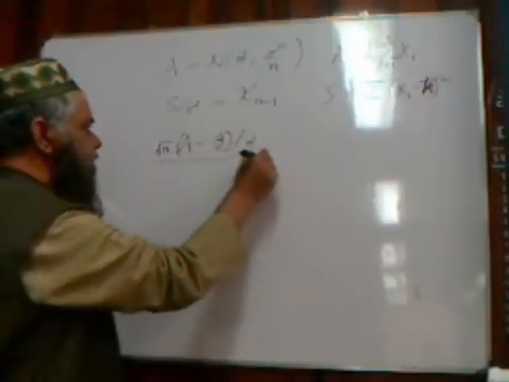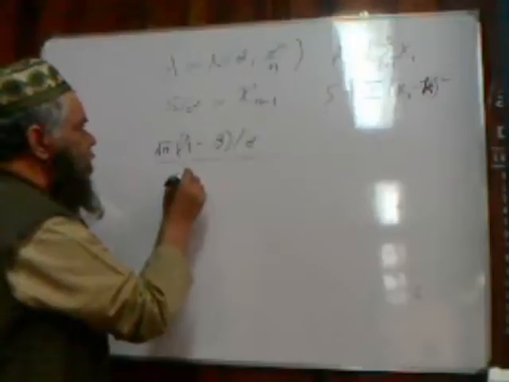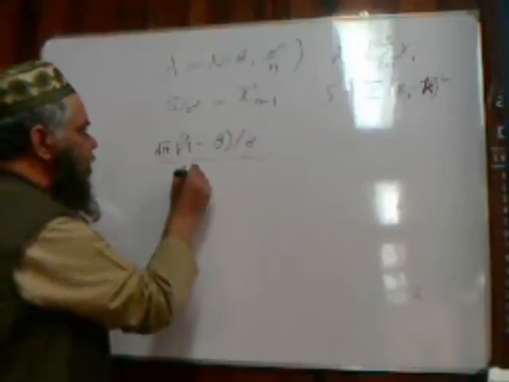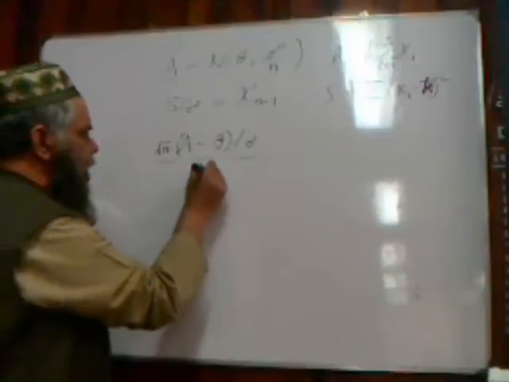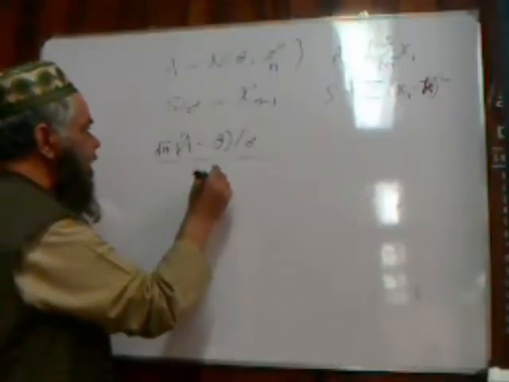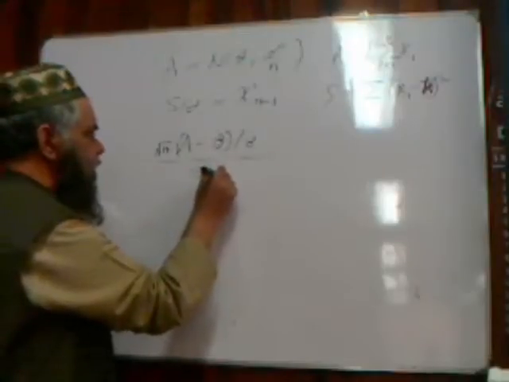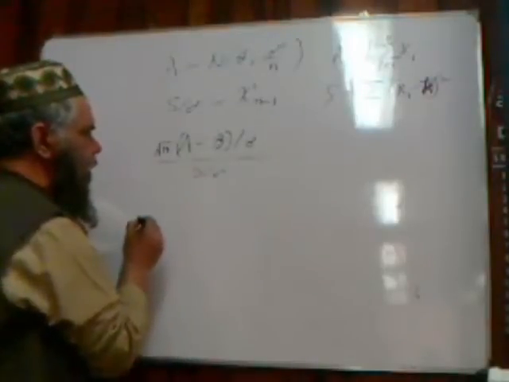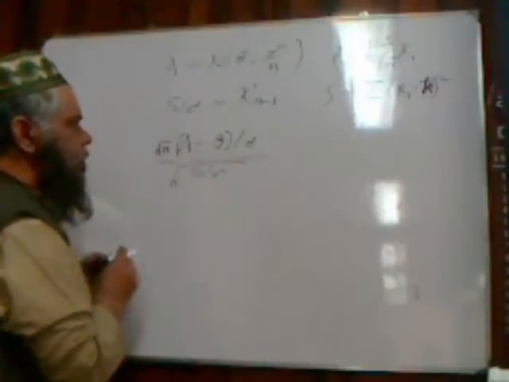And then I have to divide by the square root of S divided by sigma squared.